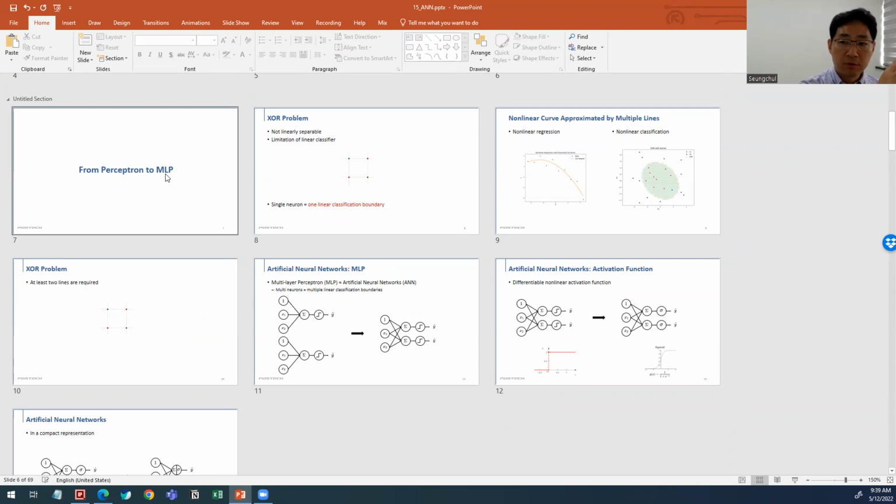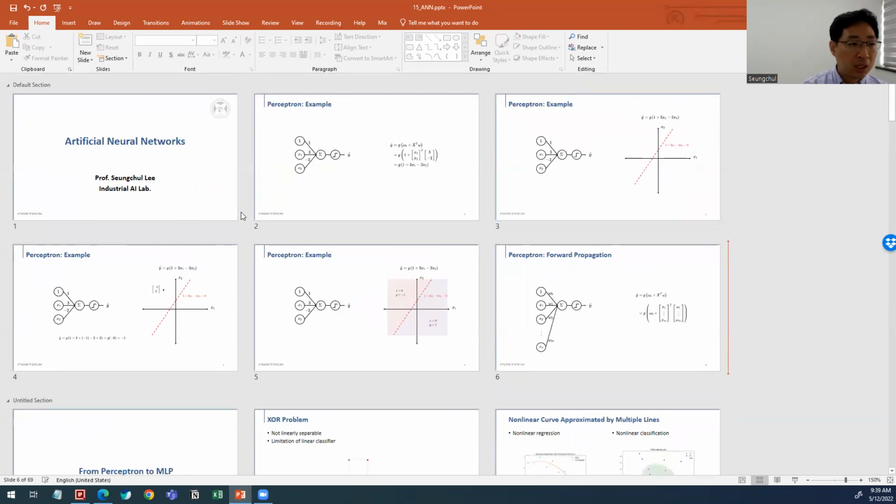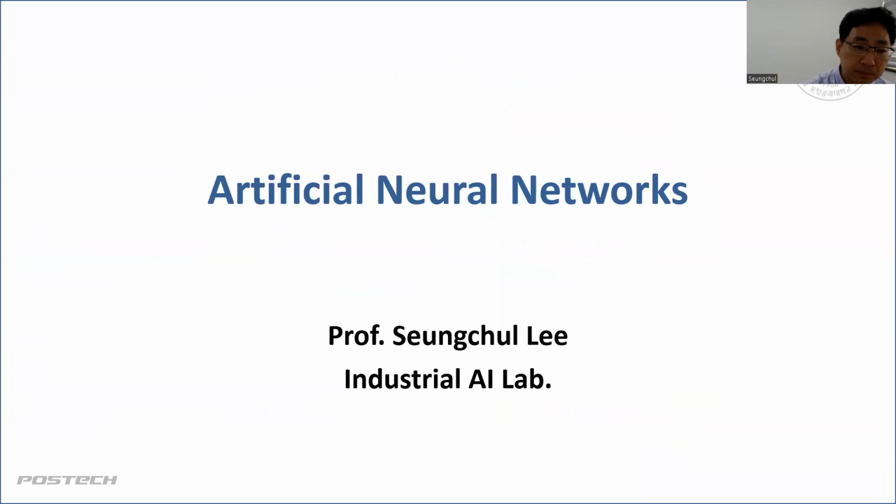So I'm starting from machine learning, then moving to multi-layer perceptron or artificial neural net, landing at the beginning of deep learning. All right. So that's how I'm going to do it for today.